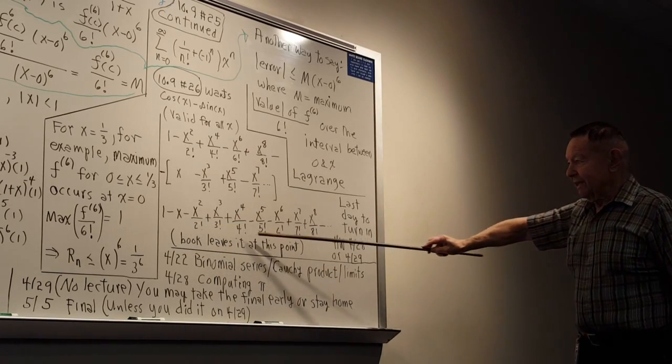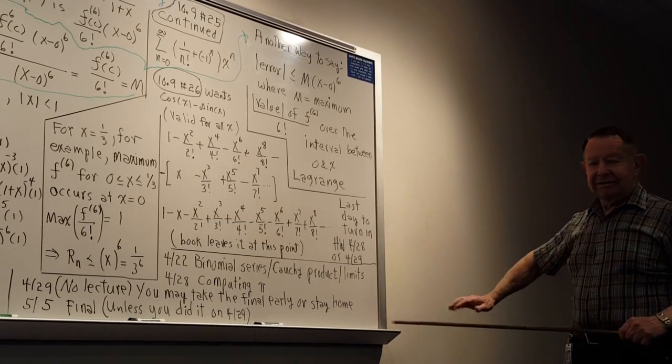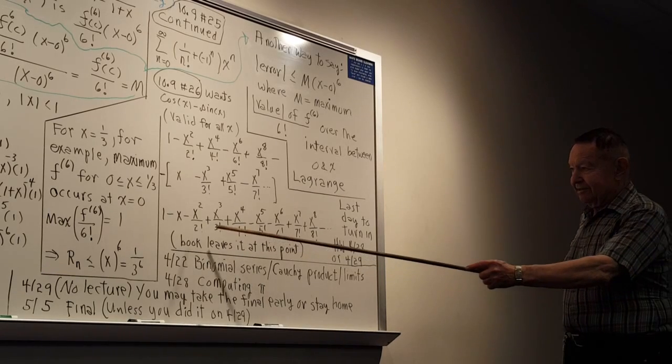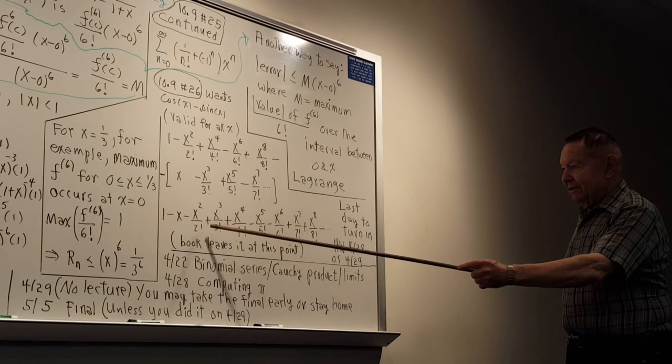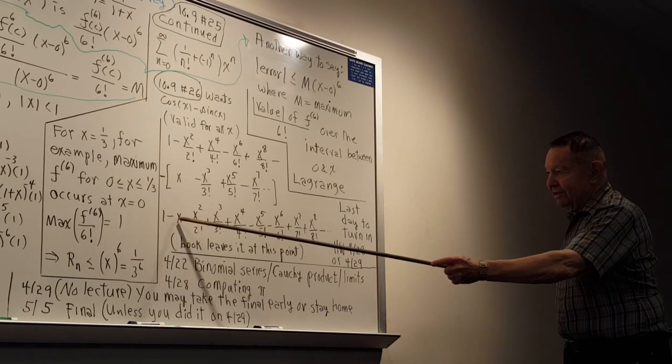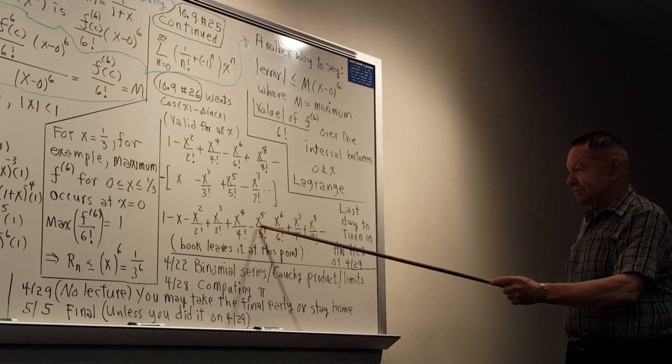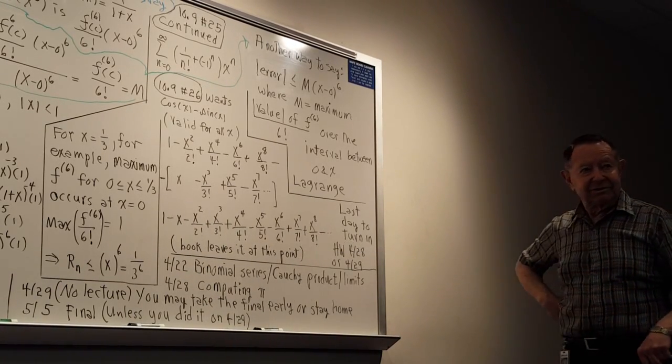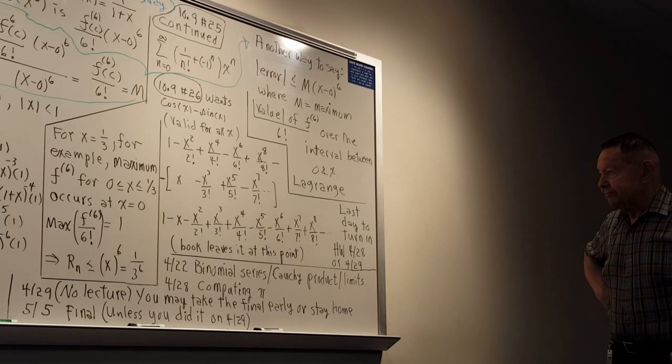So you're going to get a thing that's like this, and the book leaves it at this point. You notice that you have a pattern. After you get started, you have 2 minuses, 2 pluses, 2 minuses, 2 pluses, and so on.